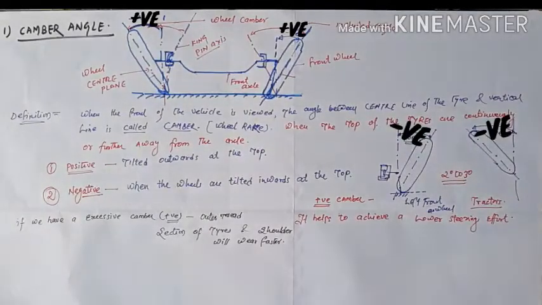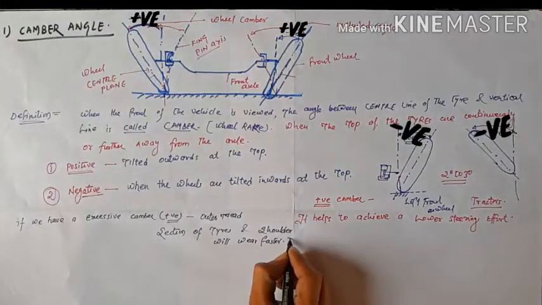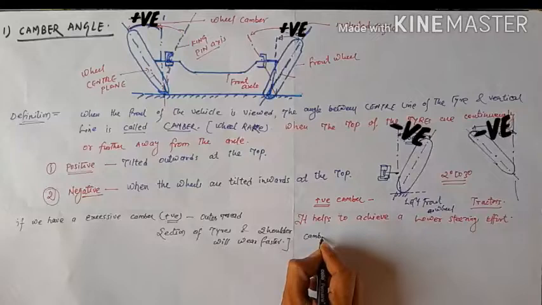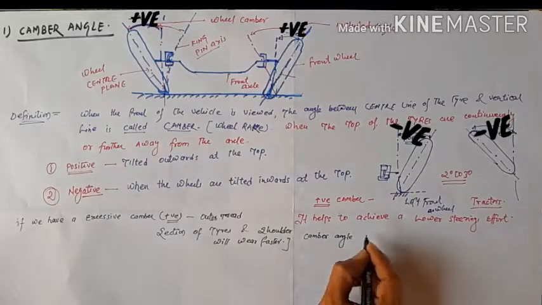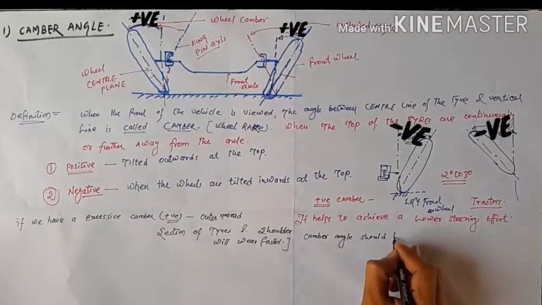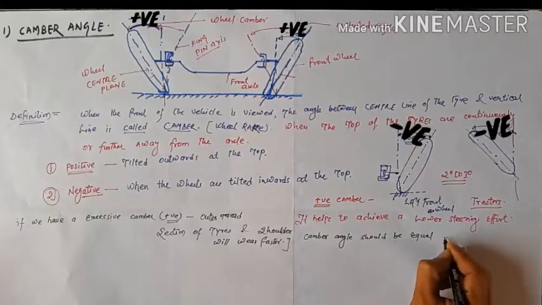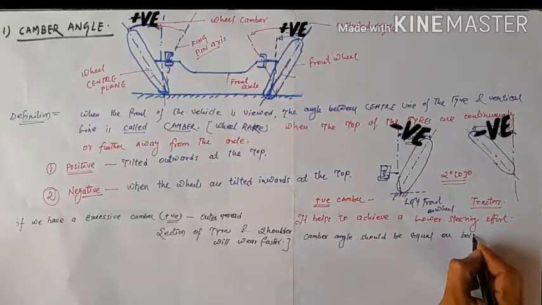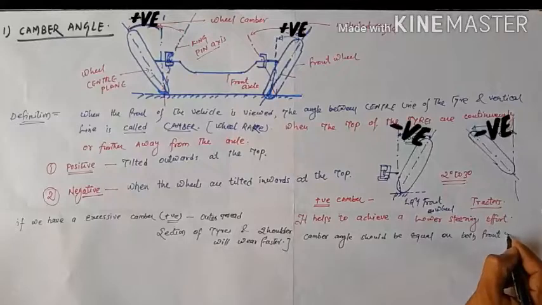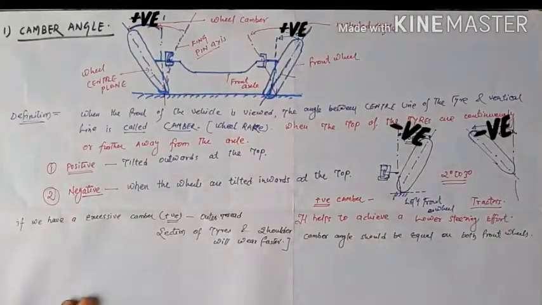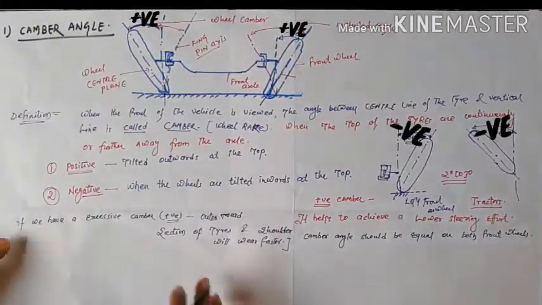So to avoid this type of wear, the camber angle should be kept equal on both front wheels. This is the drawback of excessive or positive camber.